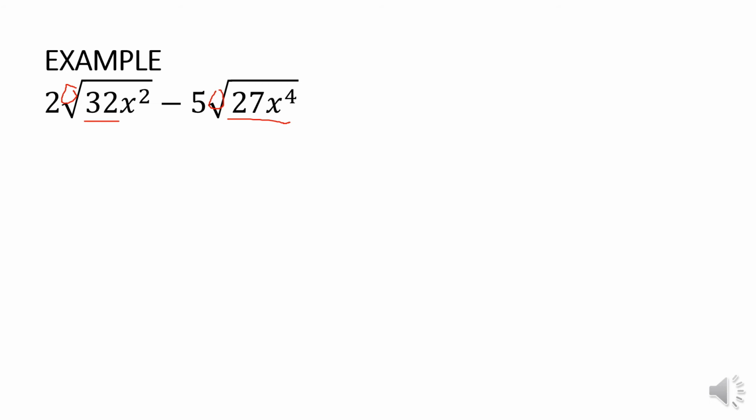So what we're going to do first, we're going to factor out 32, in which one of the factors is a perfect square number. So we will do the prime factorization. So 32 divided by 2 is 16. So that is 2 times 16.